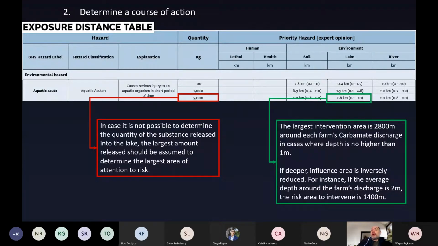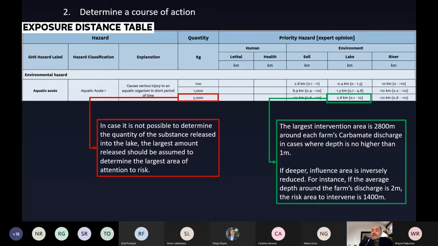It is interesting that I also receive more information in case the carbamate is drained into a river, for example. I should take a larger precautionary measure. I should seek to make preventative measures on 10 kilometers on the river, and also in soil, because as Diego explained, the carbamate as a solid can be drained either to the lake or to the soil when rain comes, and it can infiltrate into the soil to pollute deep water.